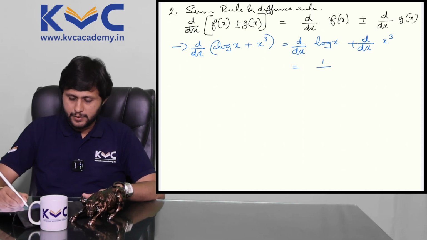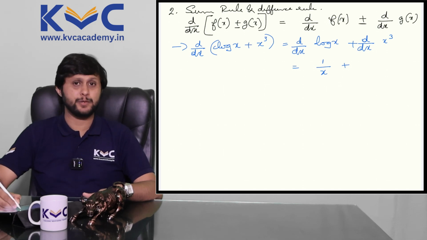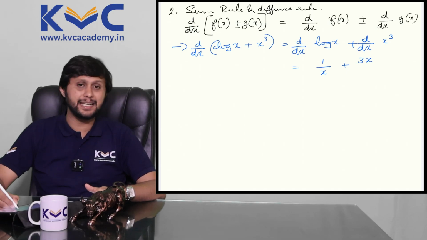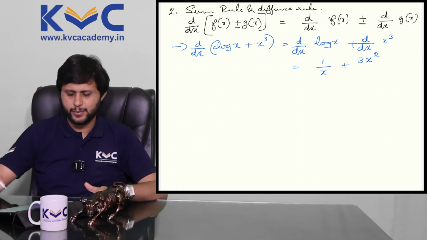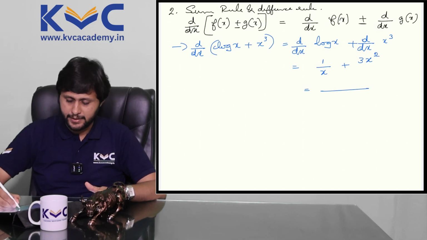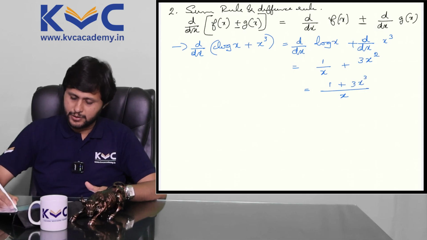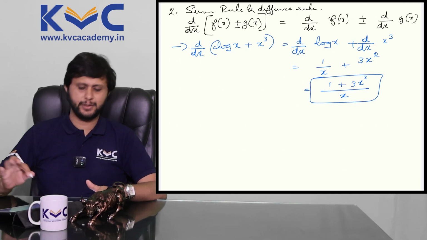Differentiation of log x is 1 by x plus differentiation of x cube, which is in the form of x to the power n, 3 into x to the power 3 minus 1, which is x squared. That's it. Do you want to simplify this further? Common denominator would be x. We have 1 plus 3x cube over x, if required. Depending on the options, we will be simplifying, not required.